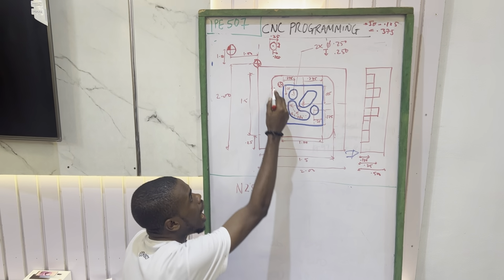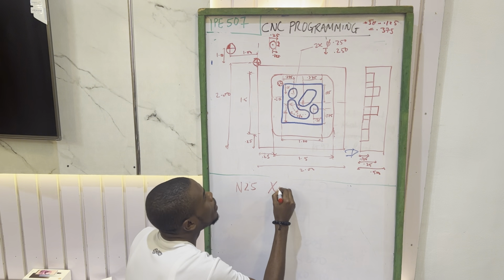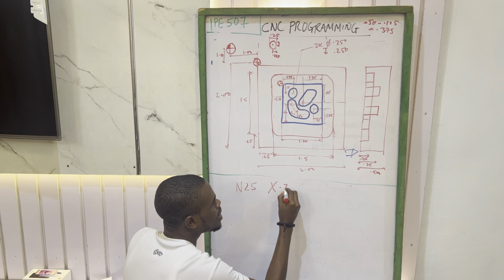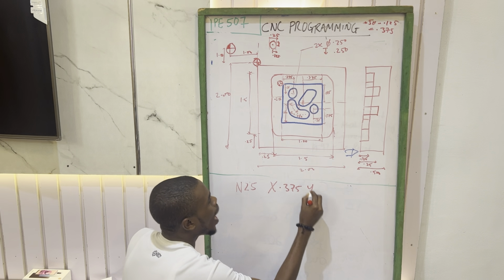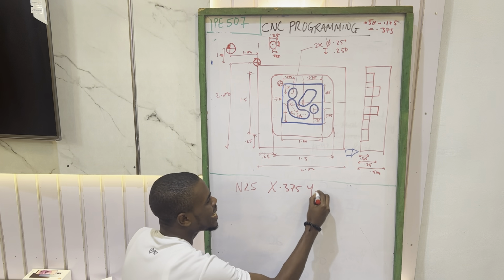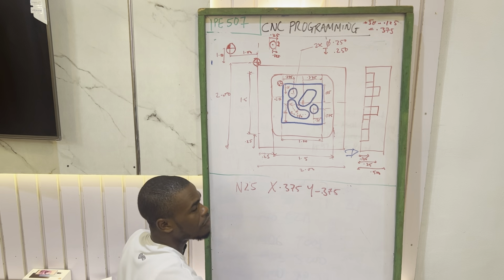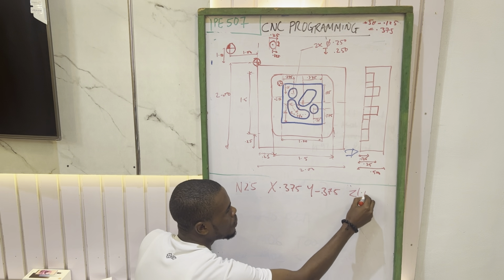N25 will now be our X going towards the side. That's positive 0.375, while our Y is coming downward. That's negative 0.375. Our Z can be taken a bit above it.